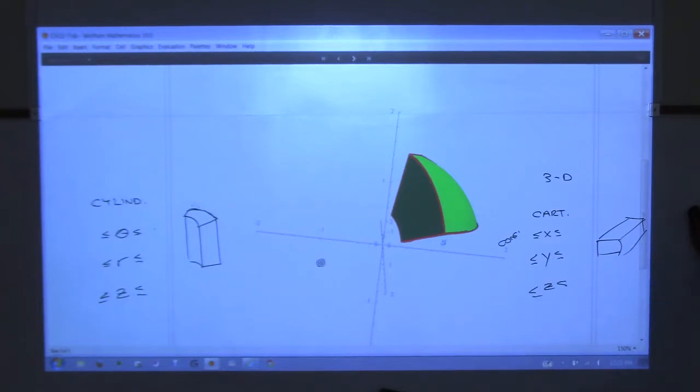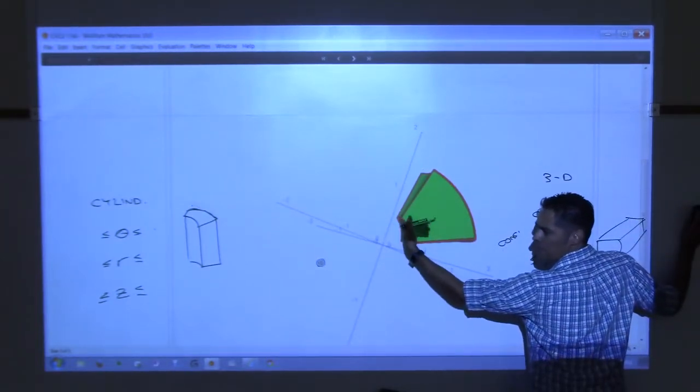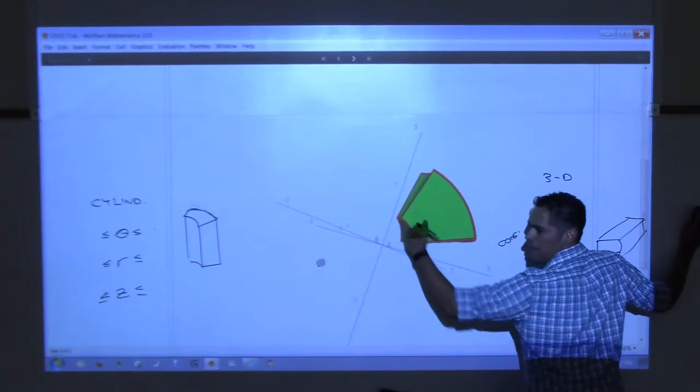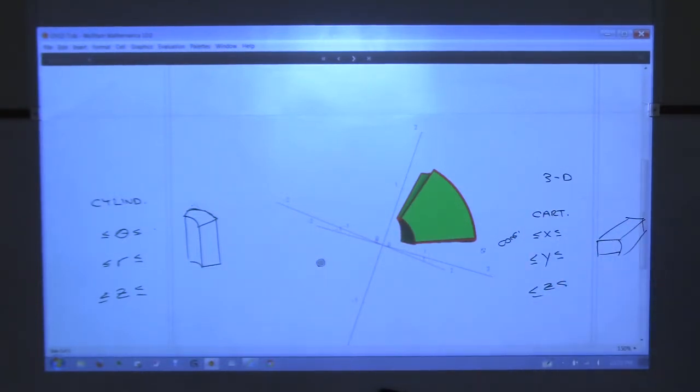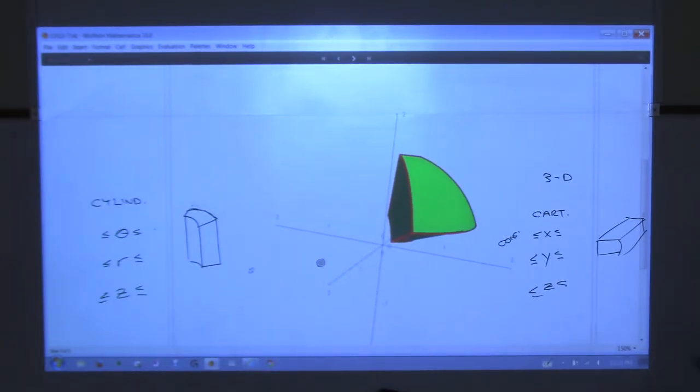And you can see on the back edge of this thing, it's got a little concave cutout section here. So it's scooped out there. It's not flat. This is what a rectangular box looks like in spherical coordinates. This is a box in Cartesian. It's the traditional box. That's a spherical box.